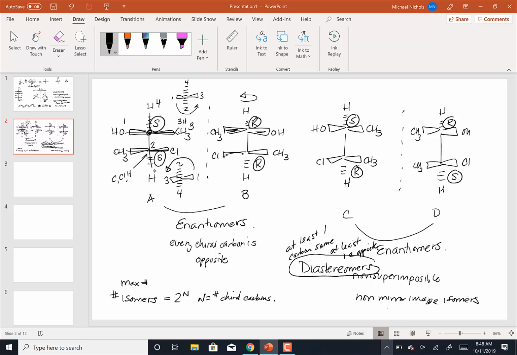So when you have 2 chiral centers, you have 4 molecules: 2 pairs of enantiomers, and each molecule has 1 enantiomer and 2 diastereomers. That's how the enantiomers and diastereomers work. Now, does that make sense?